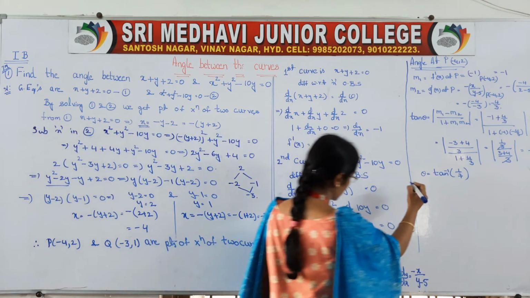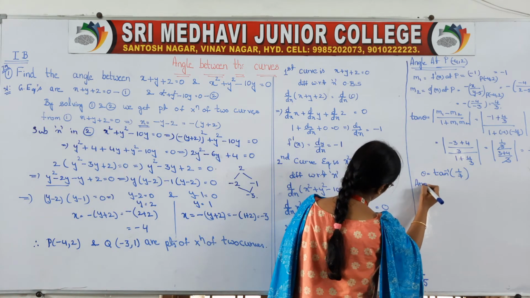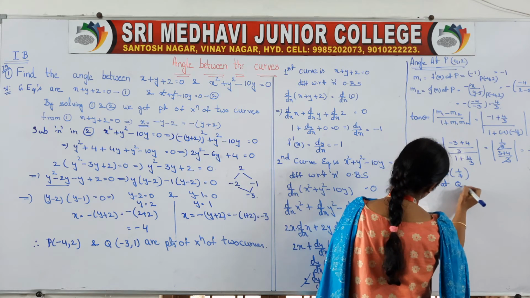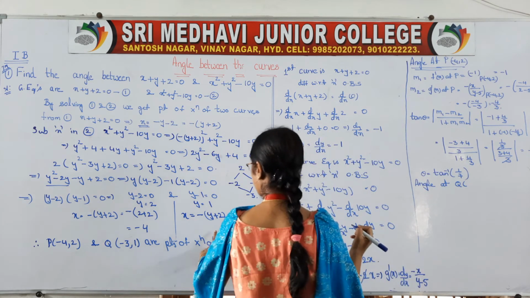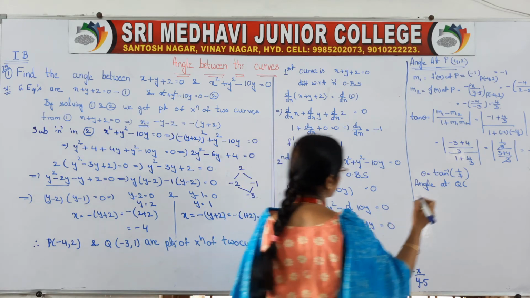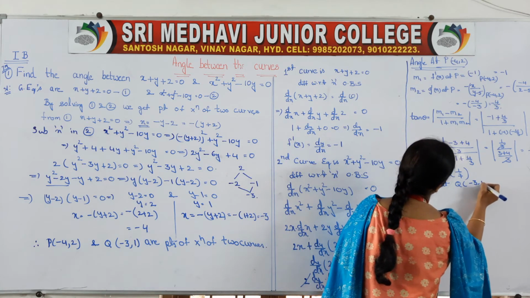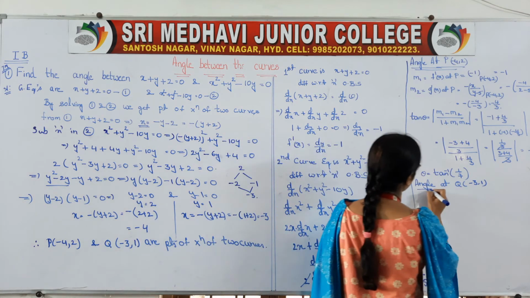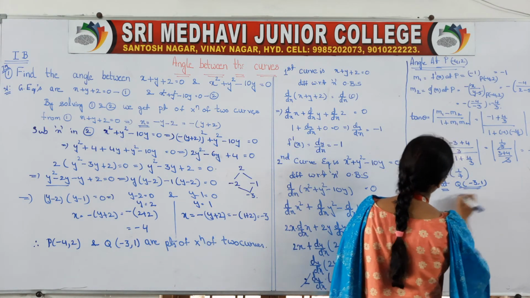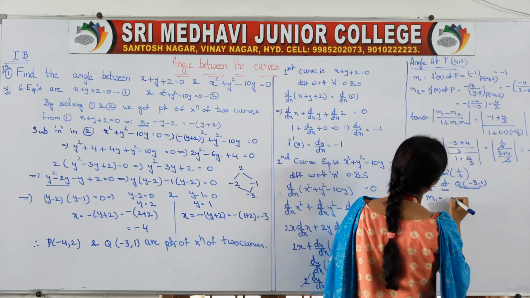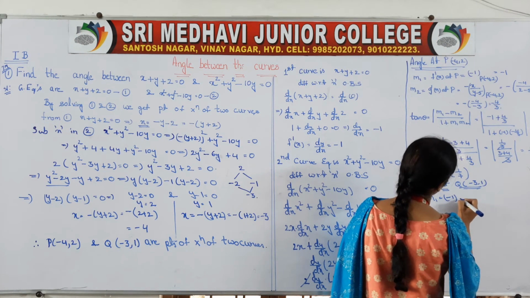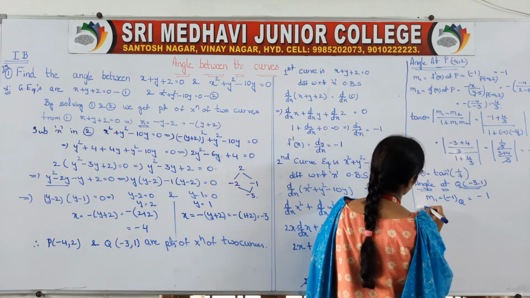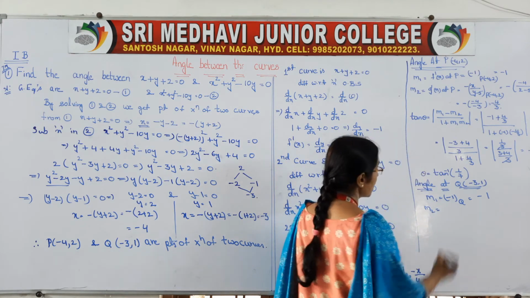Now you find out the angle at Q. Which point do you have? Your Q point is (-3, 1). Same procedure you have to follow. m1 is equal to -1 at Q, so it is -1 only. m2 is equal to, what is that?